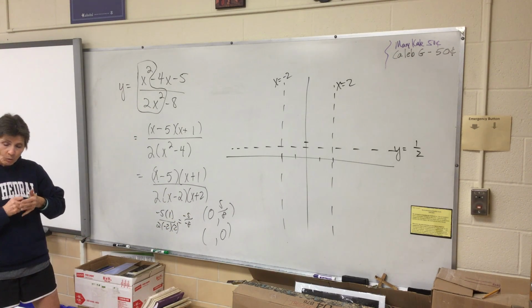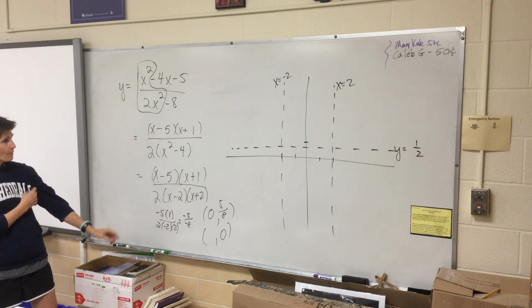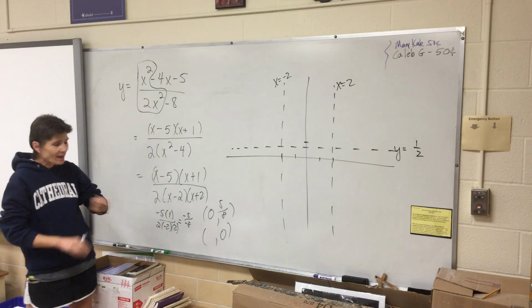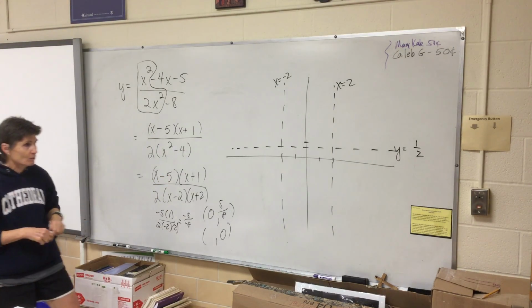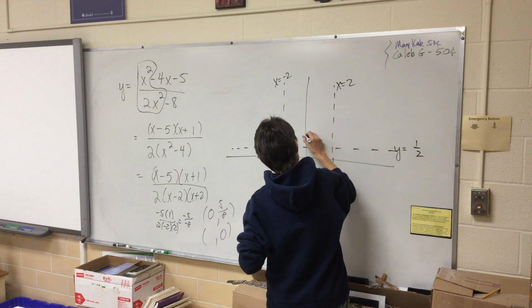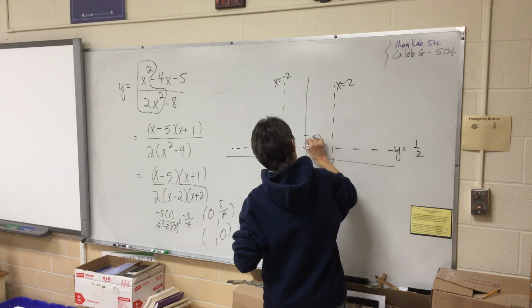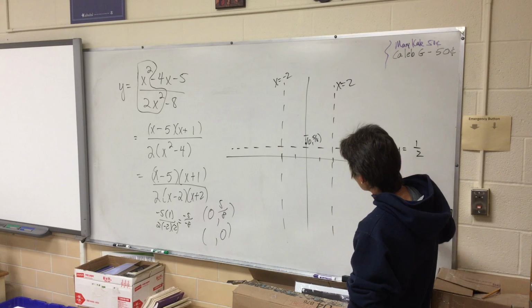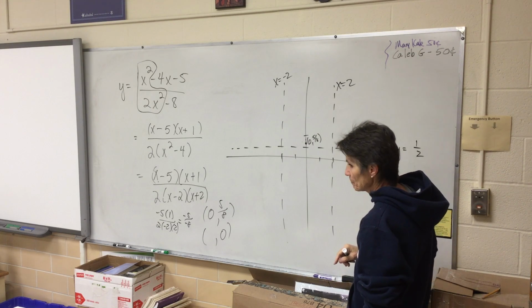So we're not going to be concerned about where we put it in, at the original or in our factors. Doesn't make a single bit of difference. That's my y-intercept. 5/8 is a little bit bigger than 1/2, which is where my asymptote is.